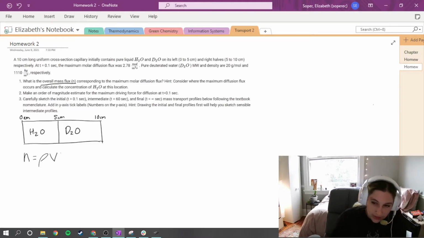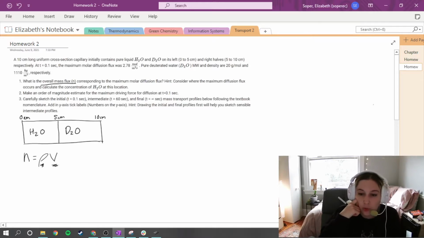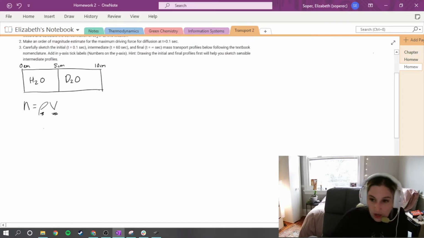In the problem, we aren't given mass concentration or mass average velocity, so we need to figure this out. So first, let's talk about total mass concentration, which is represented by rho here.